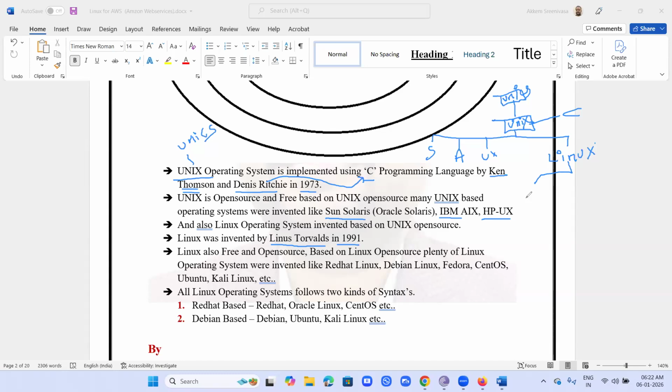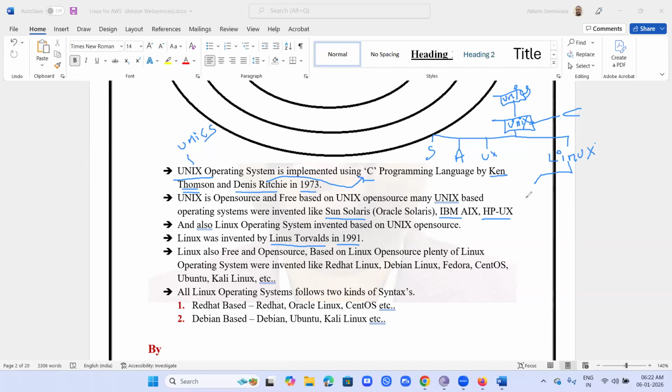Of those, 300 plus operating systems are active, like Red Hat Linux, Debian Linux, Fedora Linux, CentOS, Ubuntu, Kali Linux, Amazon Linux. Plenty of operating systems were developed based on this free and open source operating system.